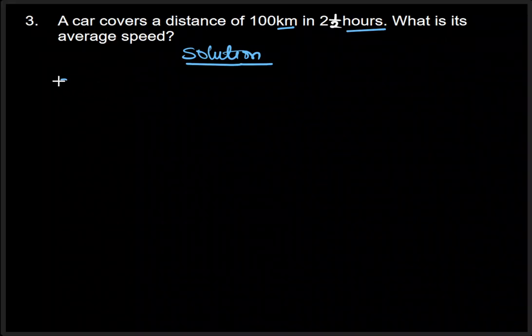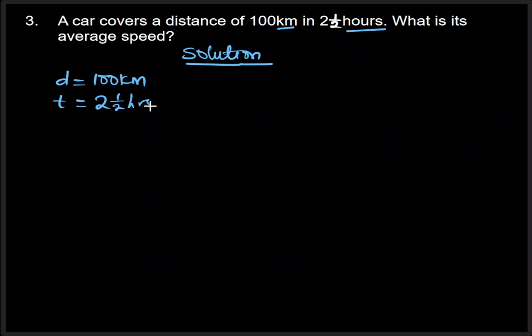So we have our distance to be 100 kilometers, and our time is equal to 2.5 hours. Of course, we are going to change this to an improper fraction, which gives us 5 all over 2 hours. That's 2 times 2, 4, plus 1, 5 all over 2 hours.